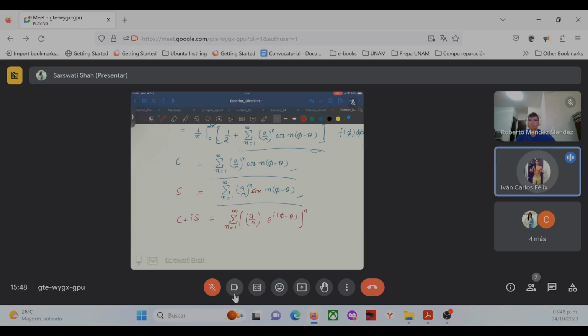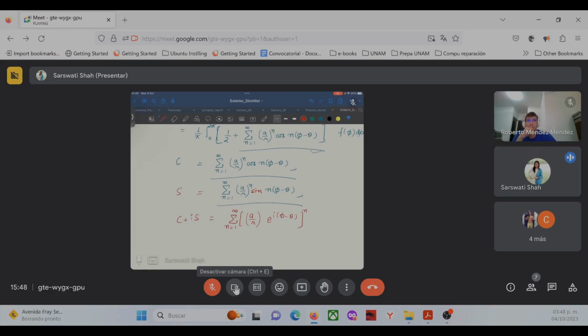I have a question about this. I'm reading the notes. So the exterior Dirichlet problem can be thought like solving the Laplace equation outside of the boundary. Yeah.